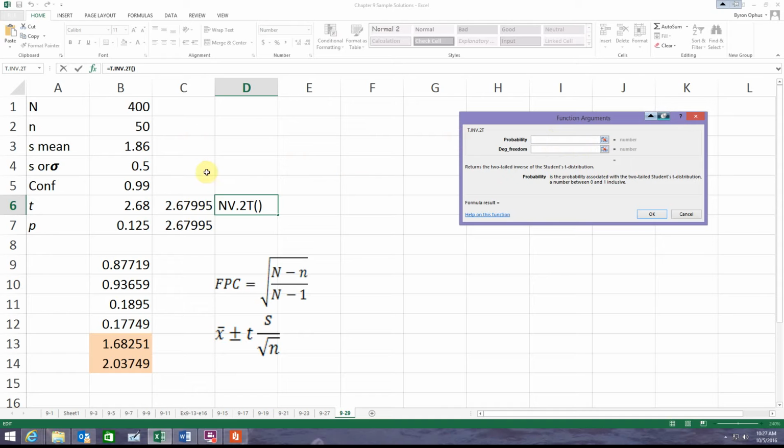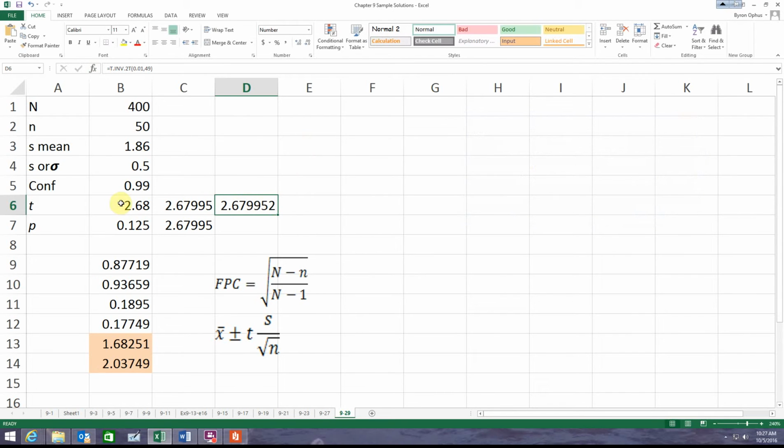My confidence level here is 0.99, so my probability is instead 0.01, the inverse of that, 1 minus that, okay? And my degrees of freedom, I got to calculate. Remember, it's 50, so it's 49, okay? So then I can hit enter, and I get the same 2.68 that I would have looked up. So that is another way to do it if you want to do it that way. I don't have any problems with that.